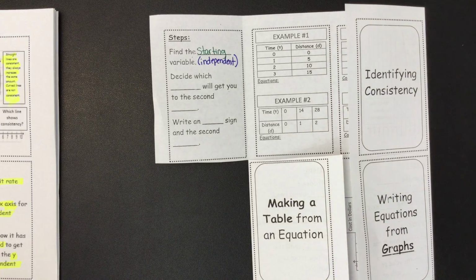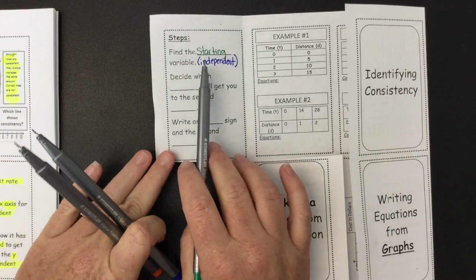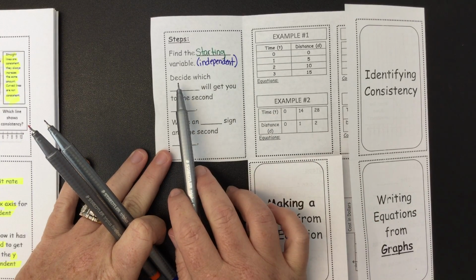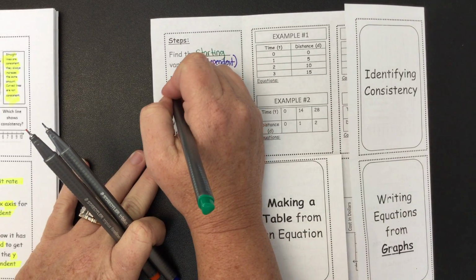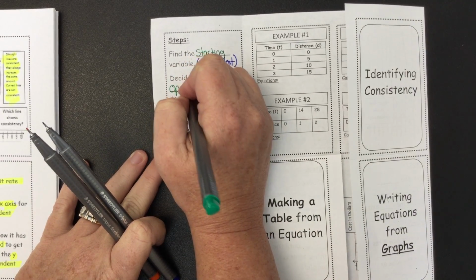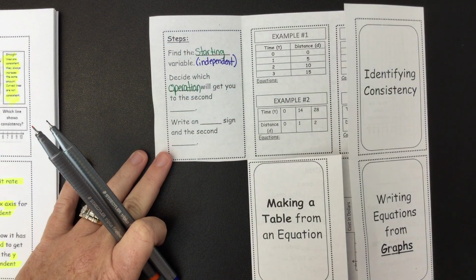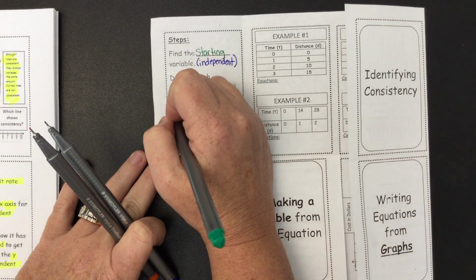All right, so after we've found our starting variable, whatever I'm going to start with, then I'm going to decide which operation will get you to the second variable.